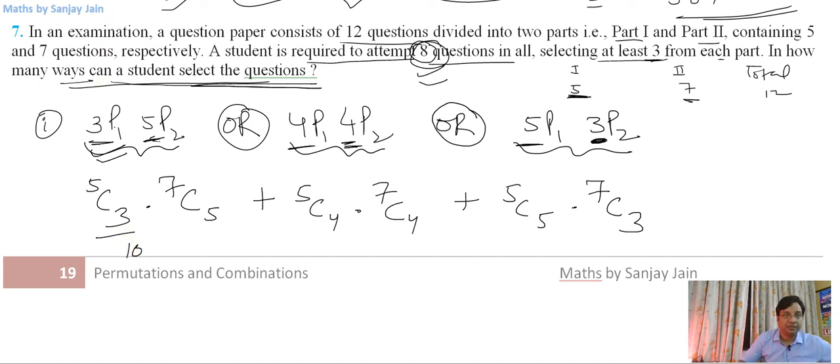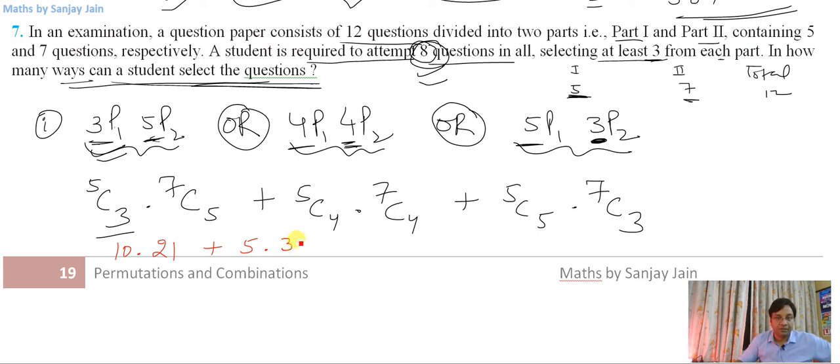Let me change the color. 5c3 is 10, 7c5 is 21, plus 5c4 is 5, 7c4 is 7 into 6 into 5 by 3 into 2 into 1.